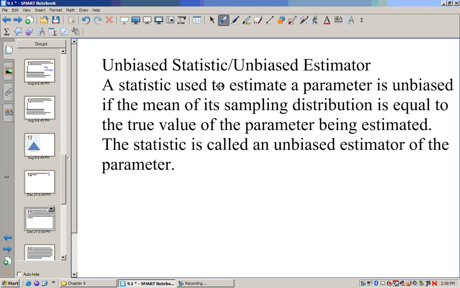It's unbiased if the mean of the sampling distribution is equal to the true value of the parameter being estimated. The statistic is called an unbiased estimator of a parameter. So we want the mean, if we're finding means, and we're doing a sampling distribution of a mean, the mean of those should be equal to the parameter that's being estimated.